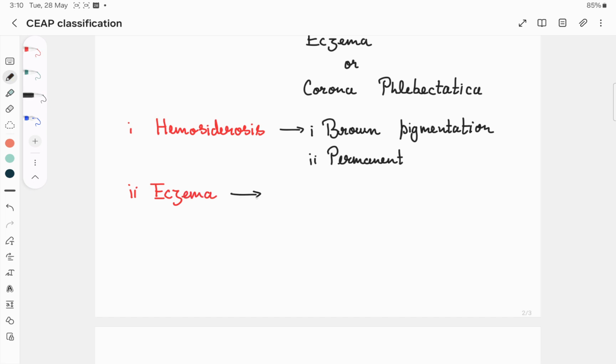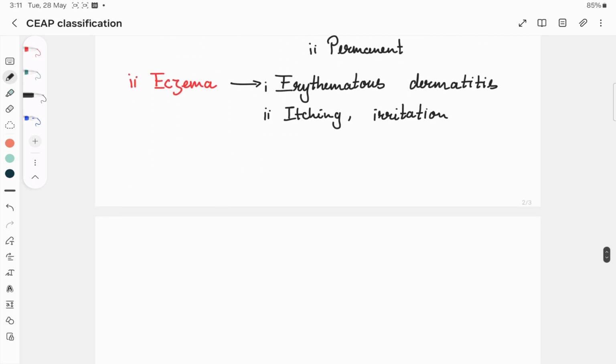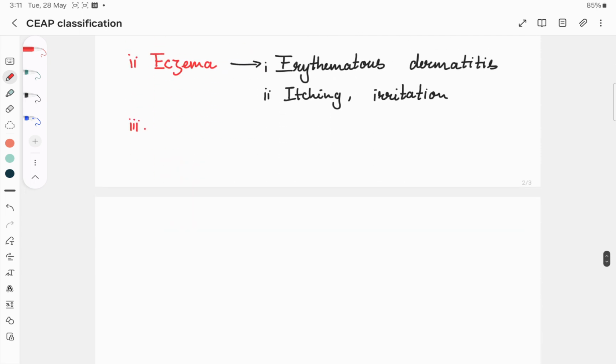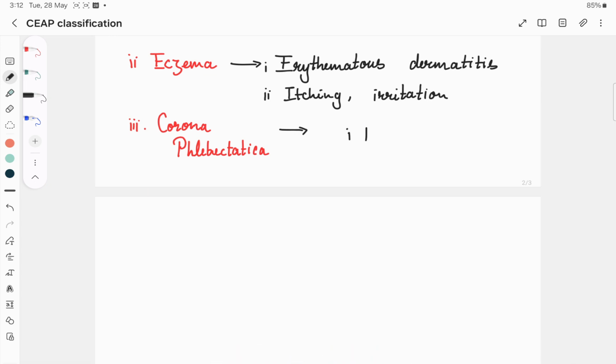Eczema. What is eczema? Eczema is an erythematous dermatitis. Erythema means reddish discoloration, and second, it causes itching and irritation. So we know eczema if there is an erythematous dermatitis. And third is corona phlebectatica. What is corona phlebectatica?